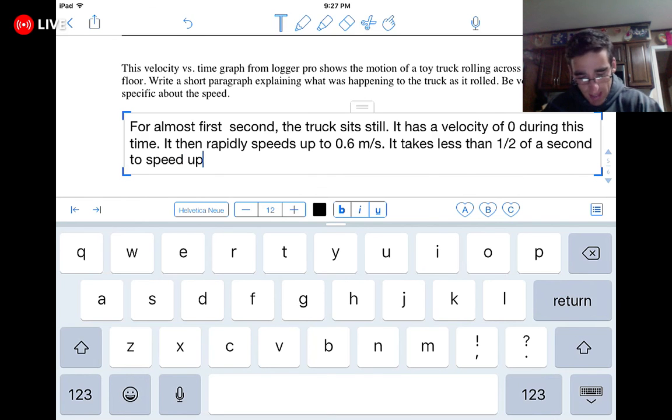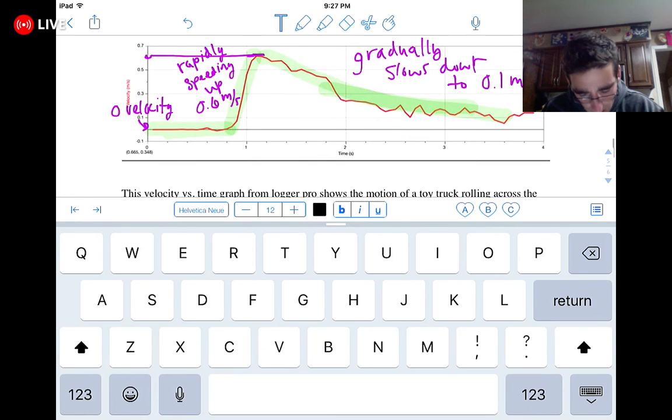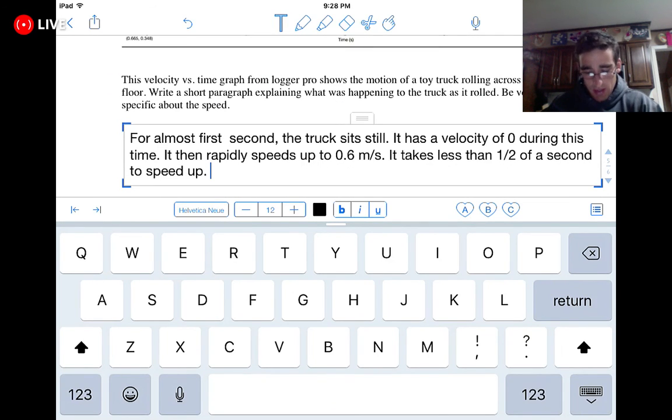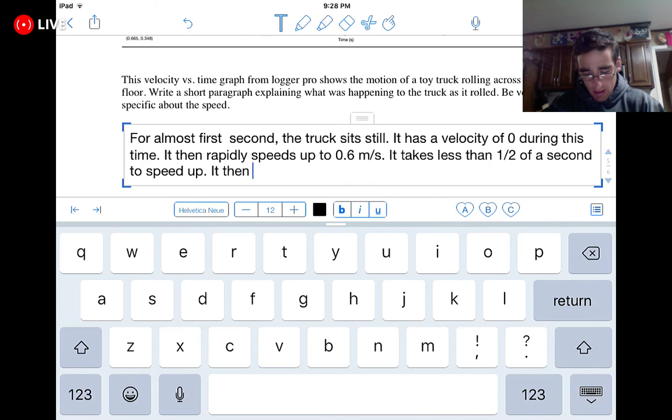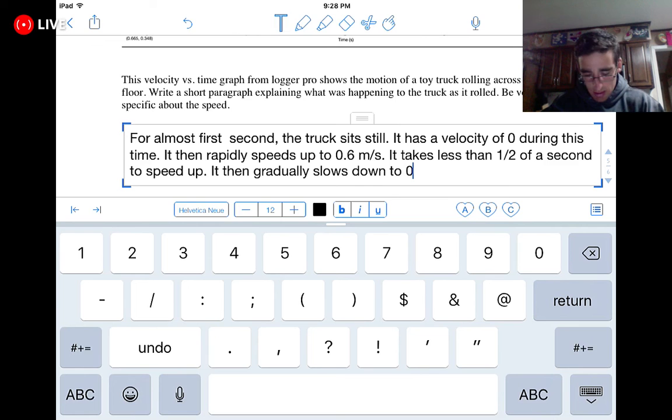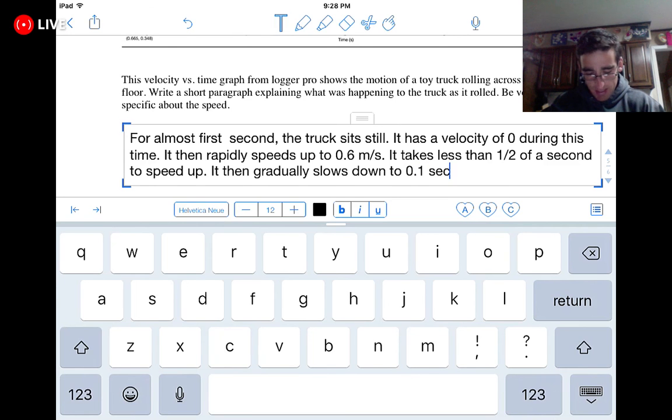And then I'm going to say it then gradually slows down to 0.1 meters per second.